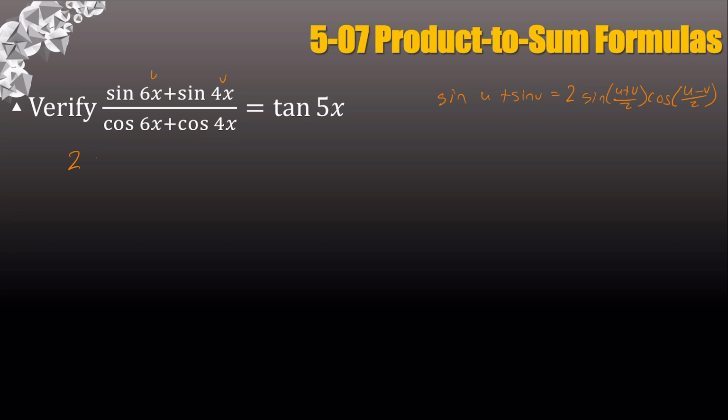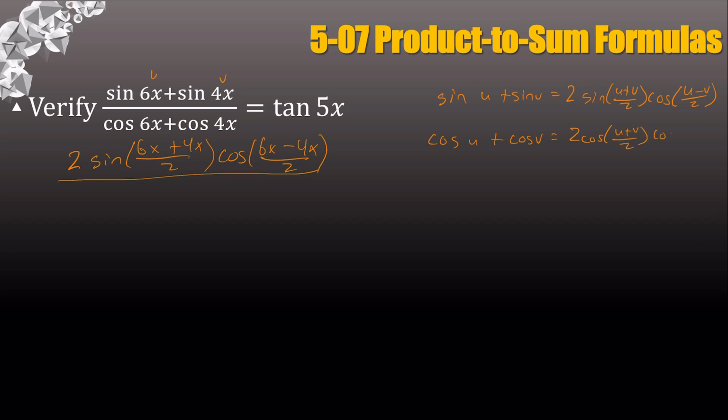So it'll be 2 sine of 6x plus 4x over 2 cosine of 6x minus 4x over 2. The bottom is cosine plus cosine, which is 2 cosine of u plus v over 2 cosine of u minus v over 2.